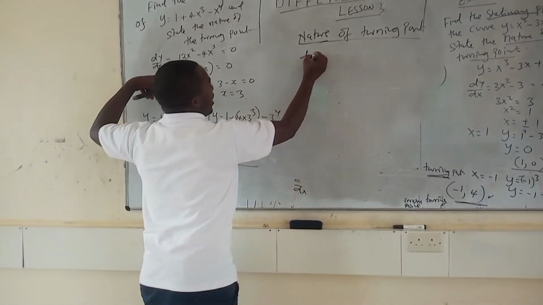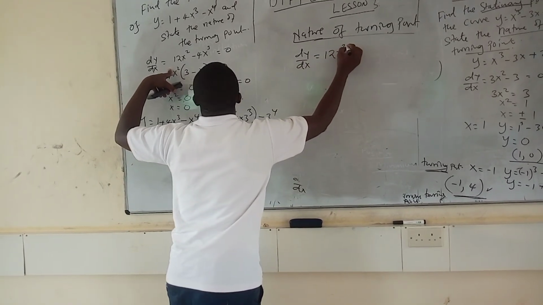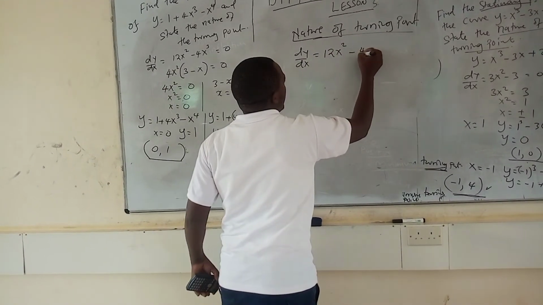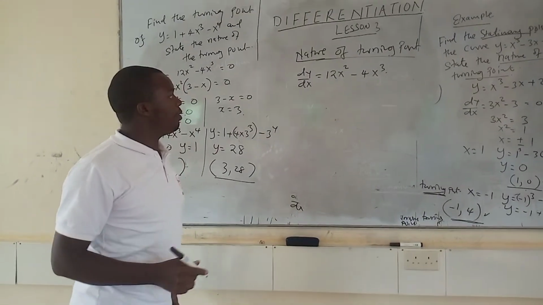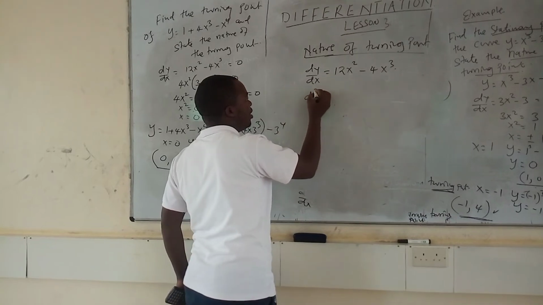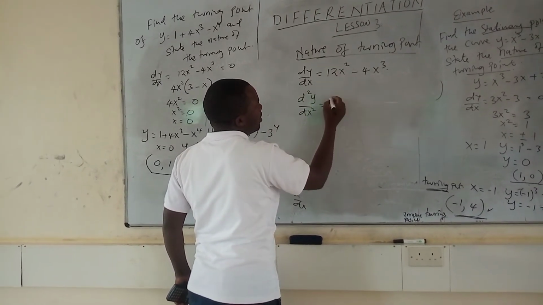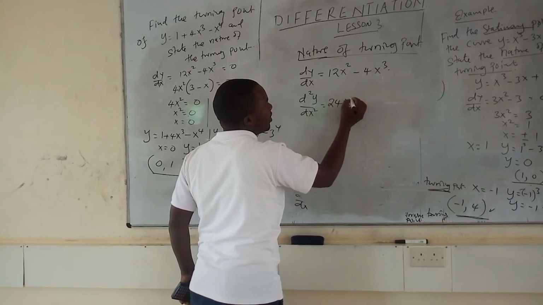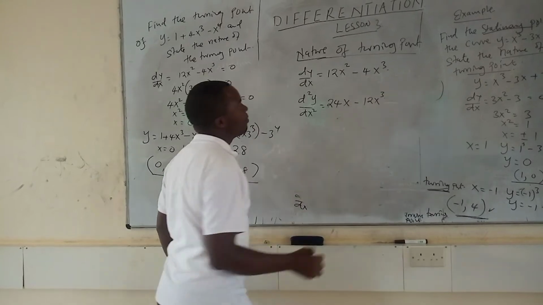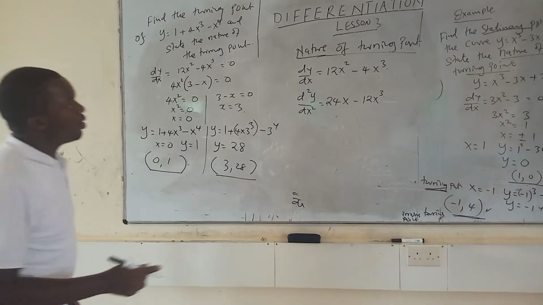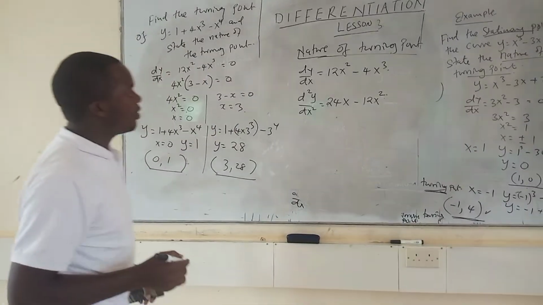Remember, dy/dx is equal to 12x squared minus 4x cubed. So d squared y over dx squared is going to be 24x minus 12x squared. It's not cubed, it's 12x squared.